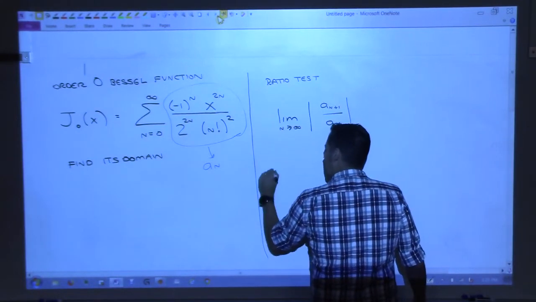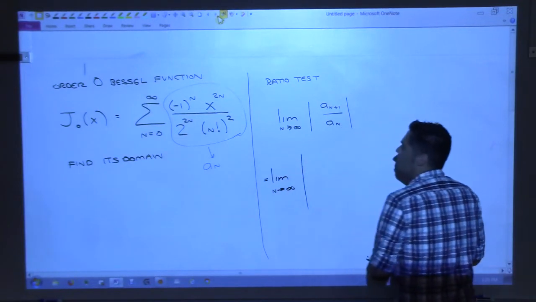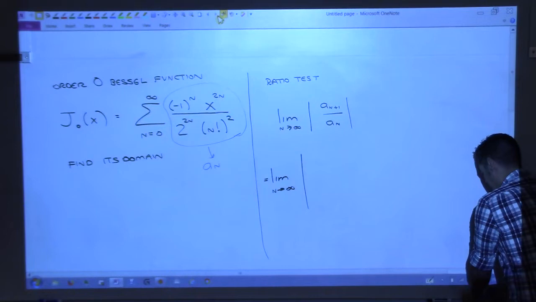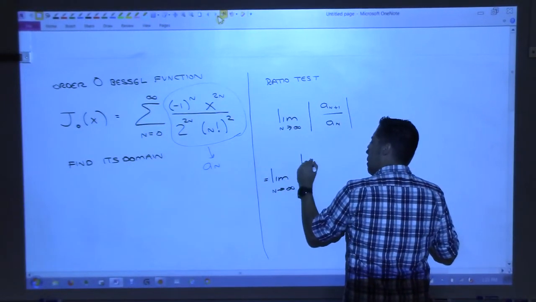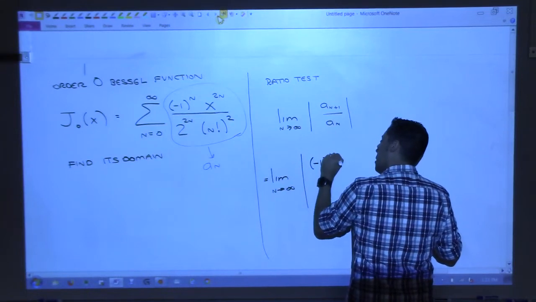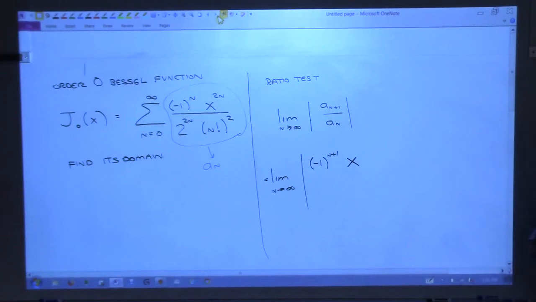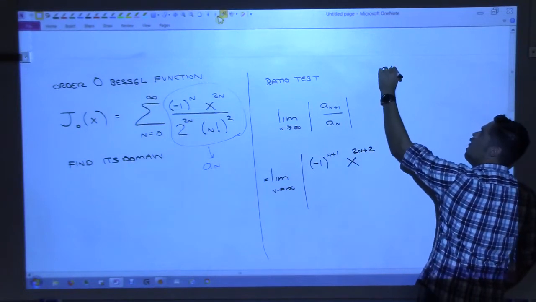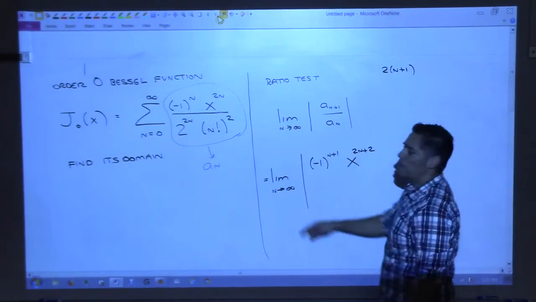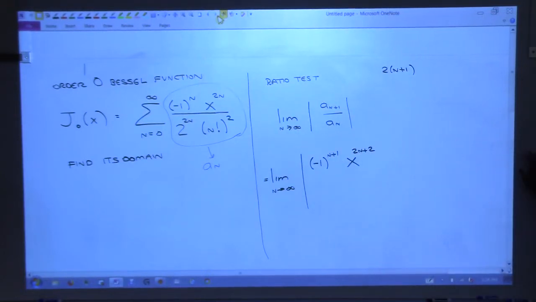So this is equal to the limit as n goes to infinity of the absolute value of, first piece here, this becomes -1 to the n plus 1 times x to the 2n plus 2. So you're really doing 2 times n plus 1 right there, and you're distributing the 2 through, so it really becomes 2n plus 2, right?